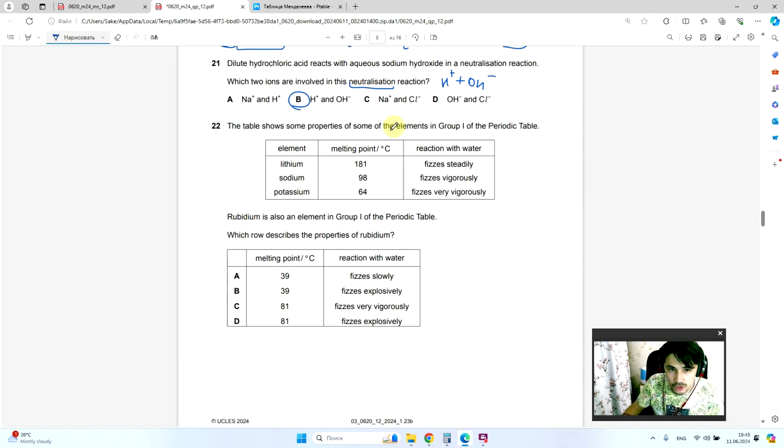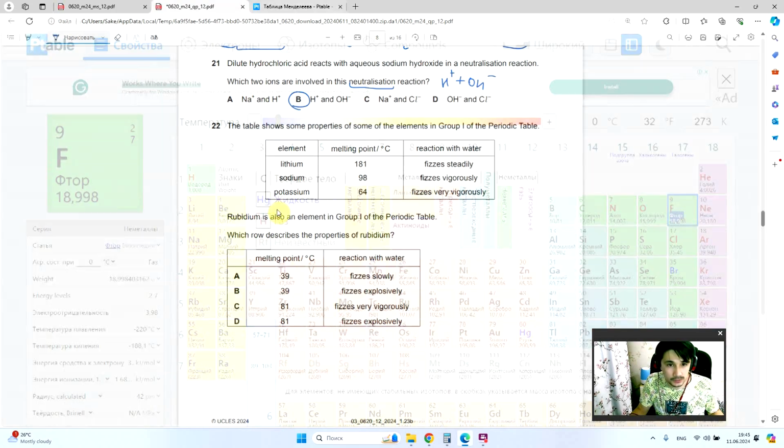Okay, the table shows some properties of some of the elements in group 1. Alright. Rubidium is also an element in group 1. Which row describes the properties of rubidium? Okay, so it's about predicting the trends. So you have lithium, sodium, potassium, then rubidium. So you can just check the periodic table if these elements are in this order.